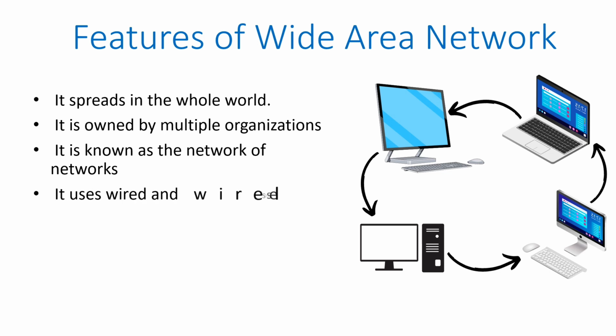It uses the wired and wireless media to connect computers. So wide area network uses both wired or cables and the wireless media to connect different computers located in different parts of the country as well as in different parts of the world. So these are some of the features of wide area network, which is the largest computer network.